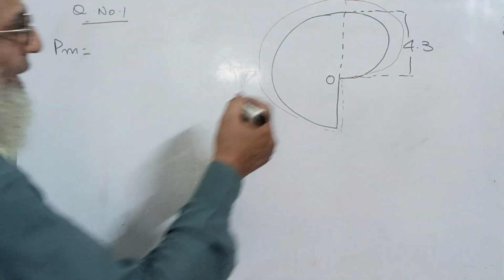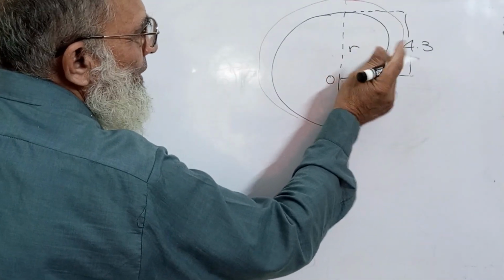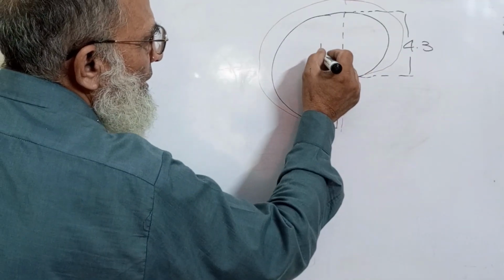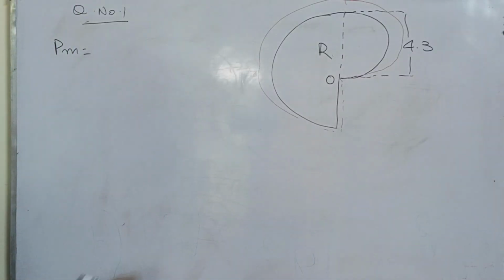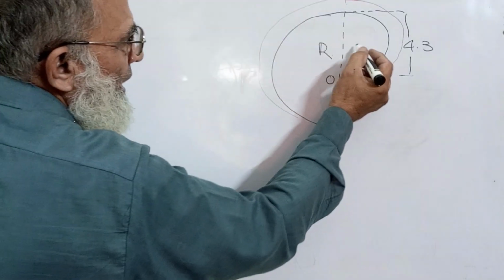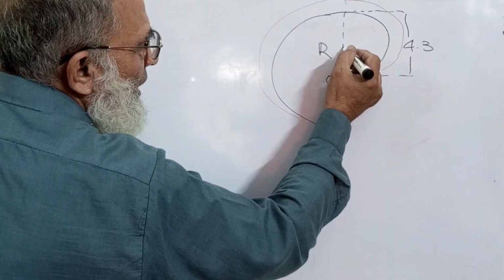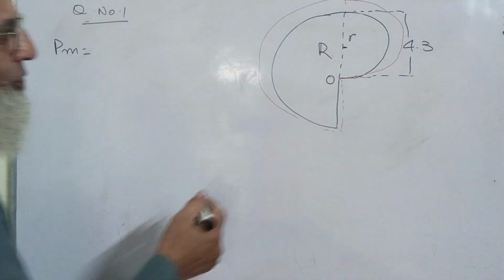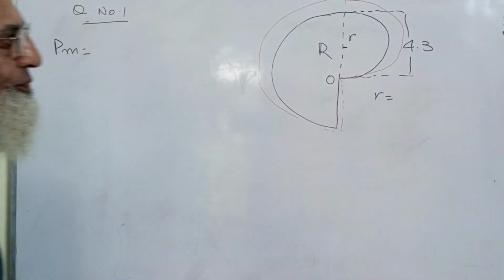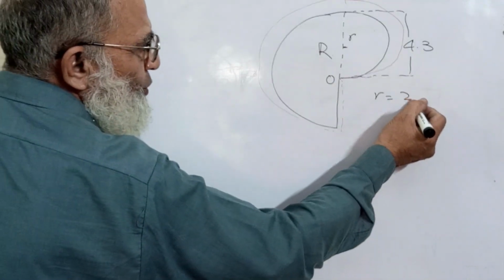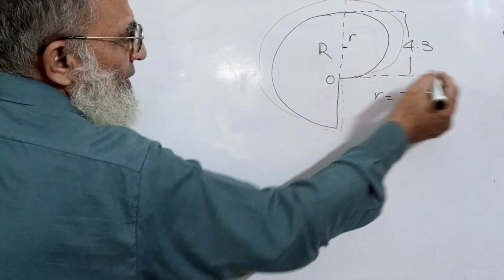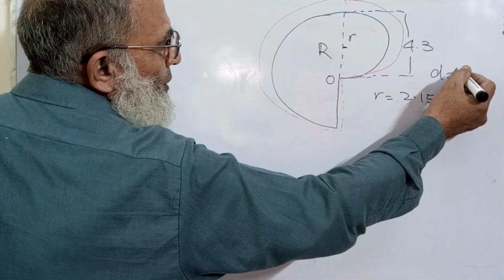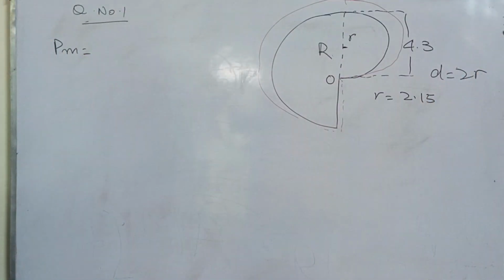So let me take that this is R for the larger circle, and R will be here for the smaller circle. For the smaller circle, the R will be half of 2.15, because D is equal to 2R.